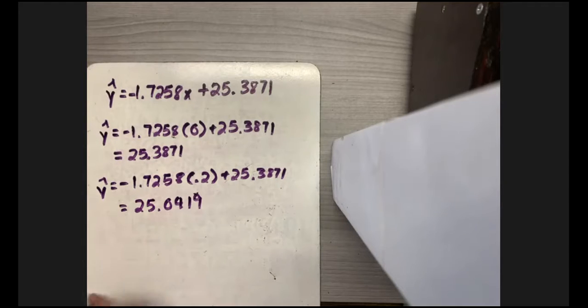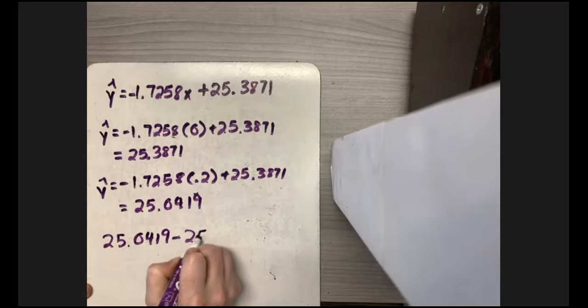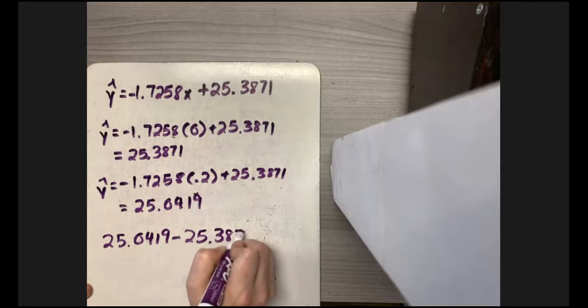And then we will subtract those two. Okay, so I'm going to have 25.0419 minus our 25.3871.